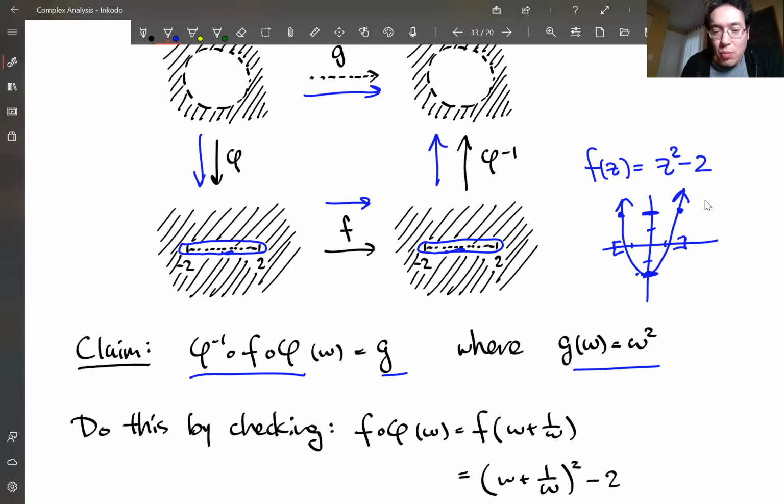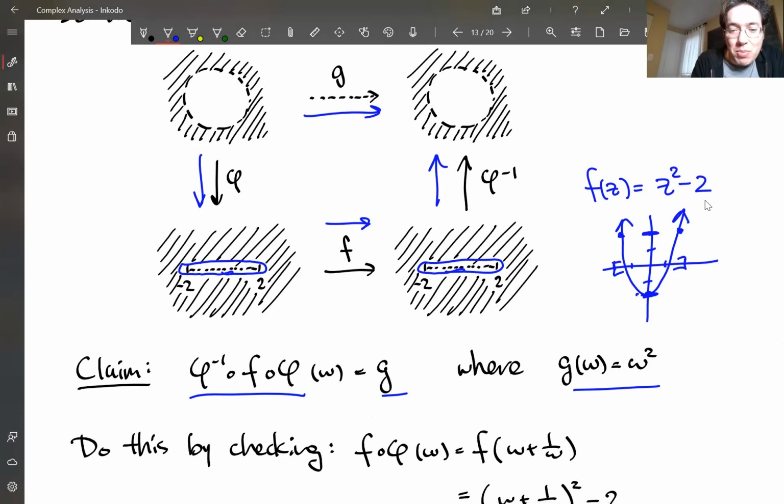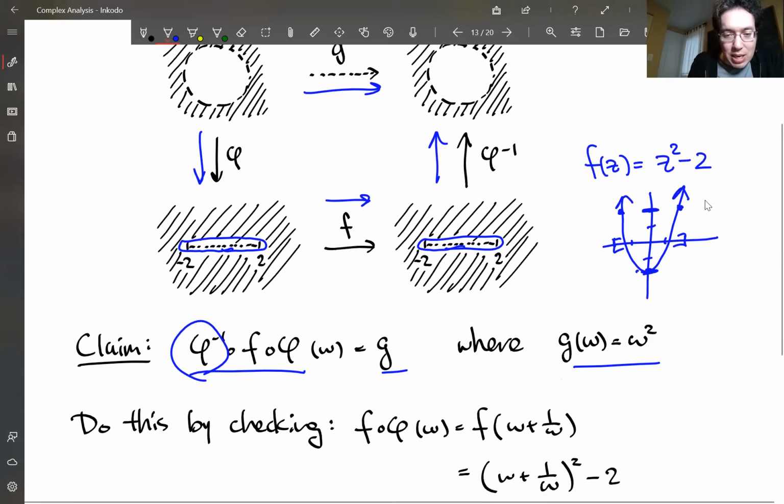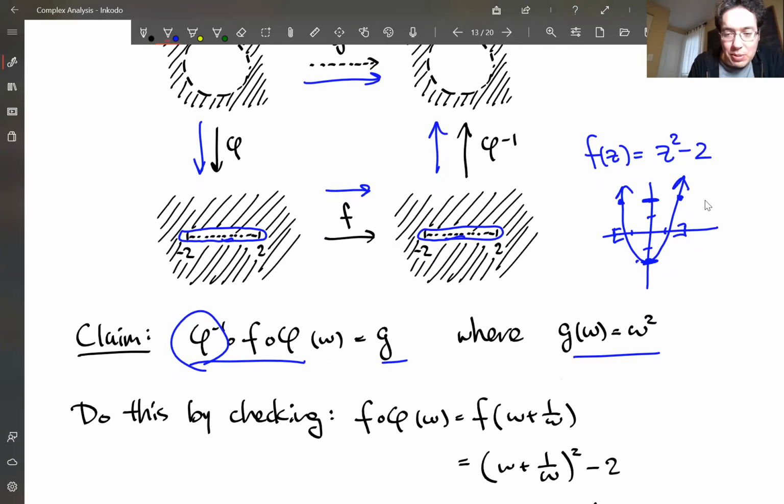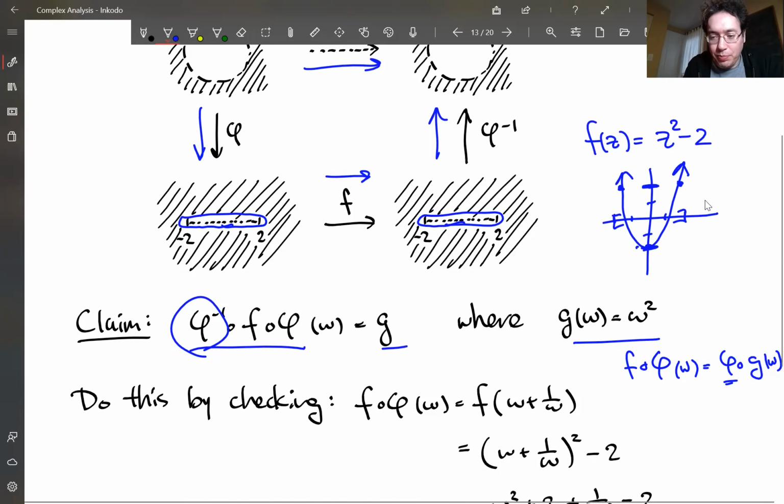We could prove this, but the inverse is a little bit difficult to write down. So instead, we could take phi of both sides and prove f of phi is equal to phi of g. So that's what we'll prove instead. That's a lot simpler because the phi function is easier to write down than its inverse.